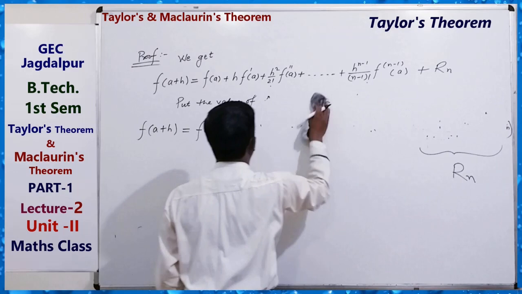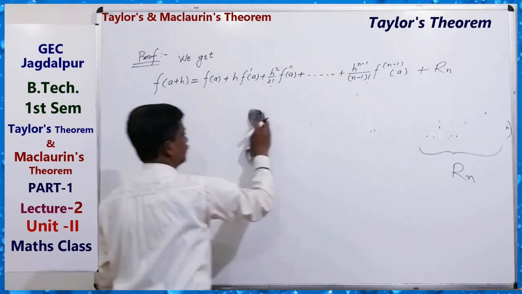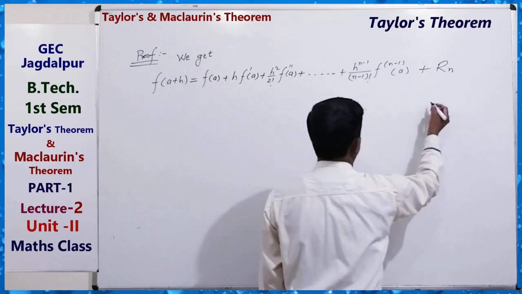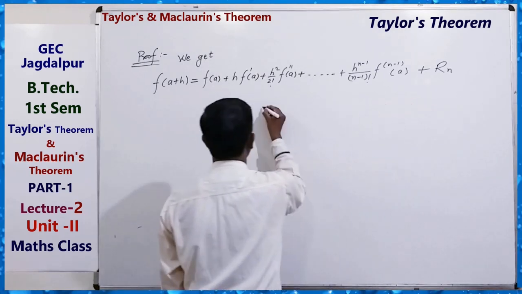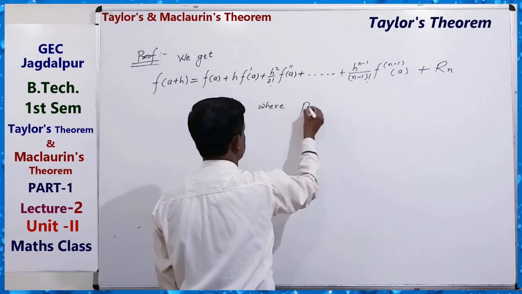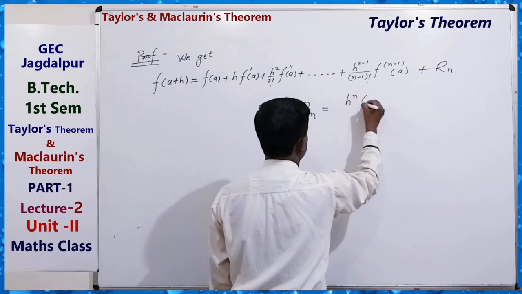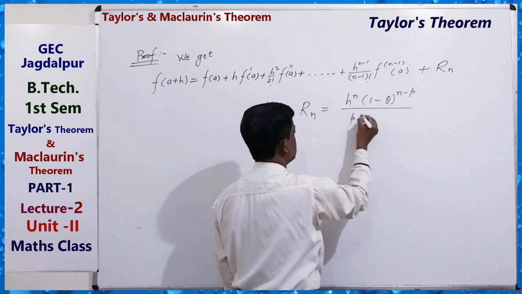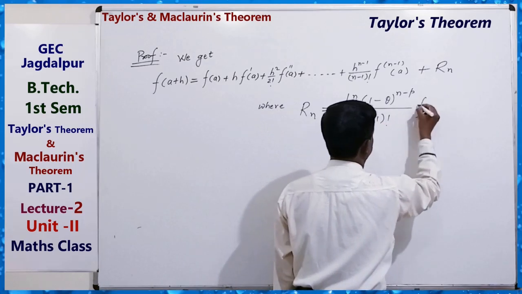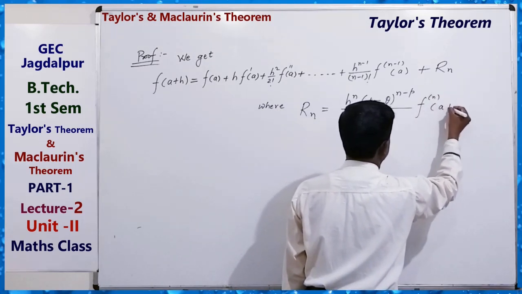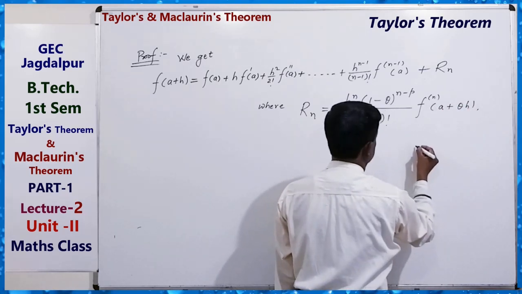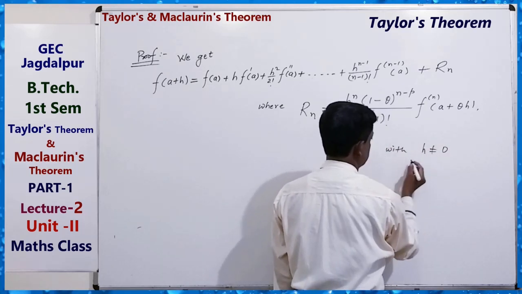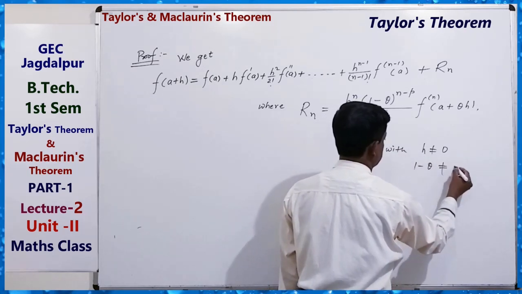So Rn equals h^n (1 − θ)^(n−p) upon p (n−1)! f^n(a + θh), where h is not 0 and 1 − θ is also not 0.